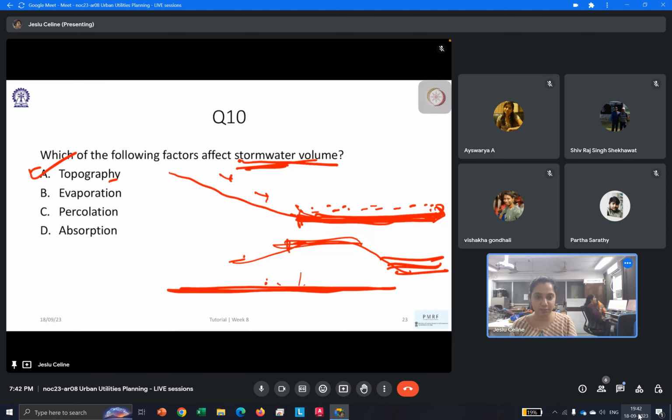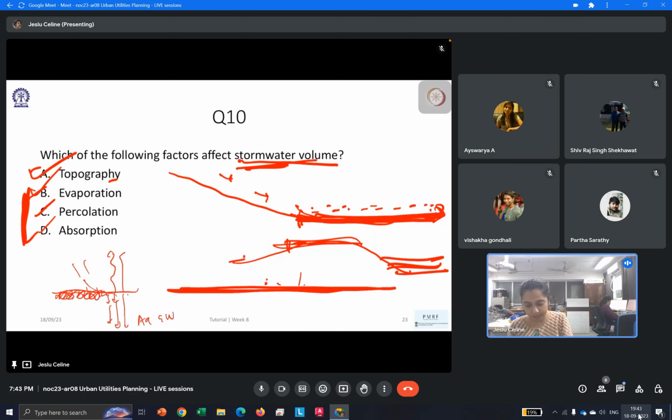Then we have evaporation. We just spoke about evaporation. The stormwater volume depends upon the rate of evaporation also. Then percolation. Percolation, evaporation and absorption all come under the same umbrella, right? Because you have water falling, so some gets evaporated, some percolates down, and some is absorbed. Percolating down means it goes into the aquifer as groundwater recharge.